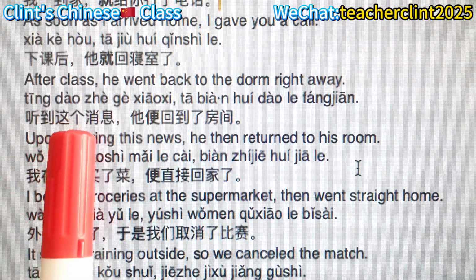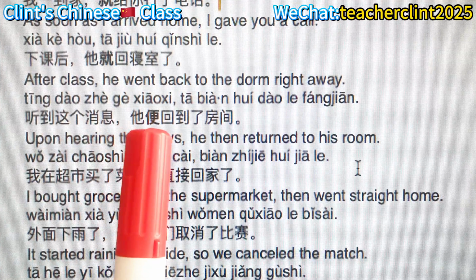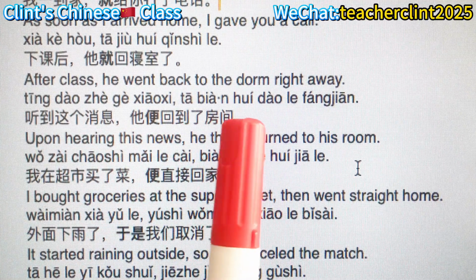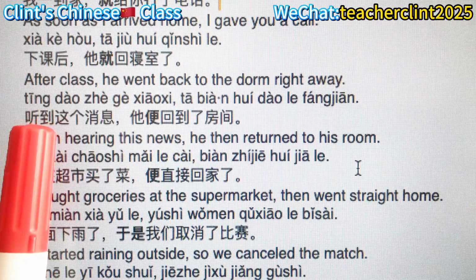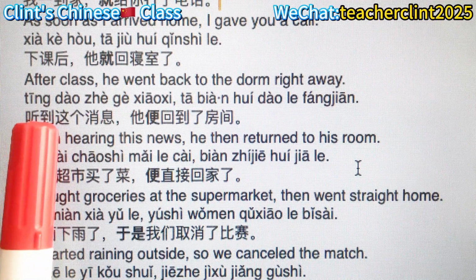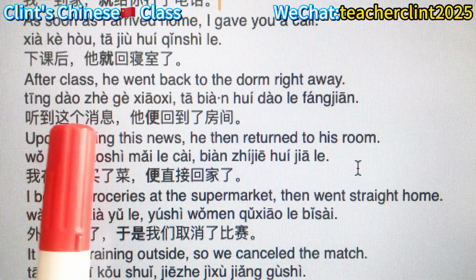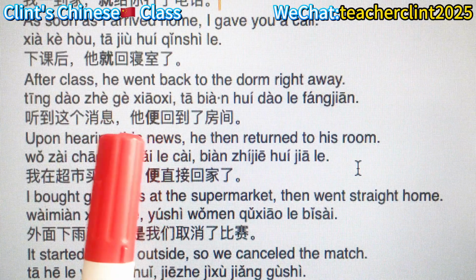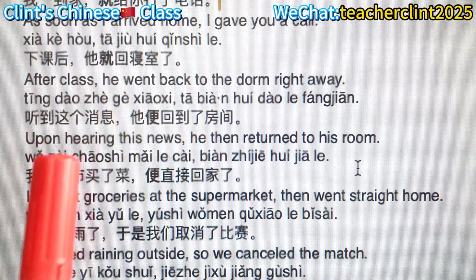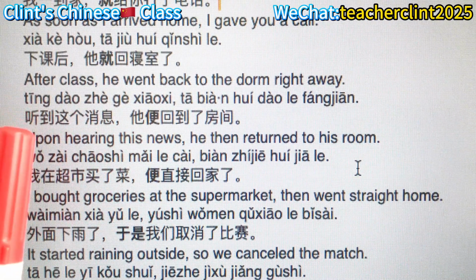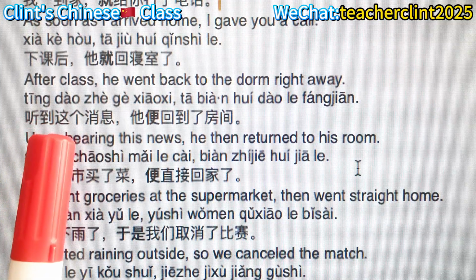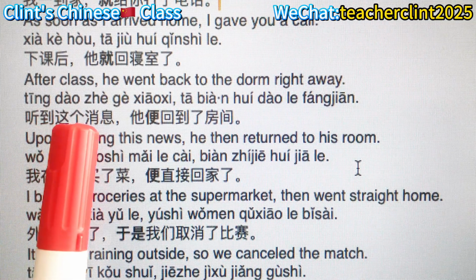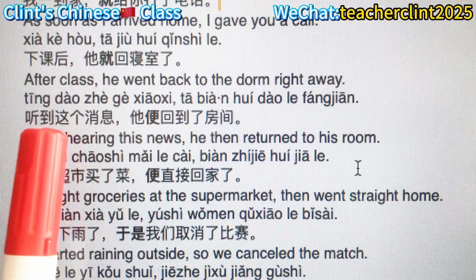Upon hearing this news, he then returned to his room. 听到这个消息，他便回到了房间。听到 hearing, right, or upon hearing 这个消息 this news. This is similar with the adverbial clause of time in English.